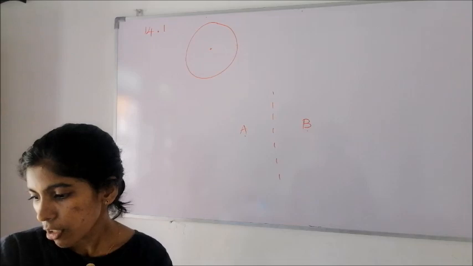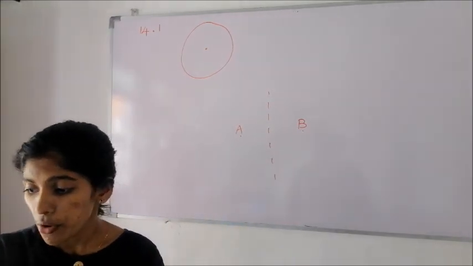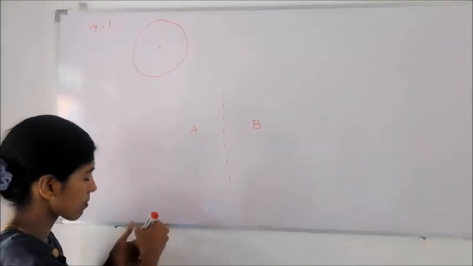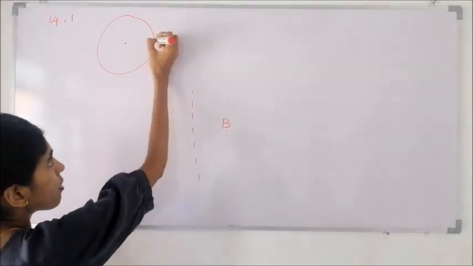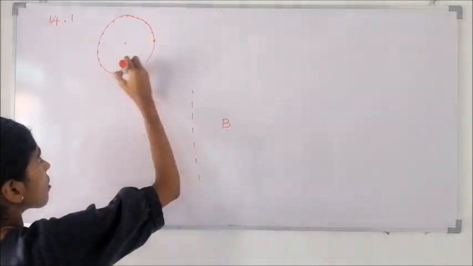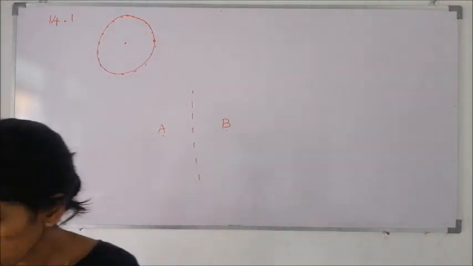Next, path of one person riding a Ferris wheel. Okay, it also moves like a circle. If we show one person like this, this person moves in a locus of a circle when the Ferris wheel moves.